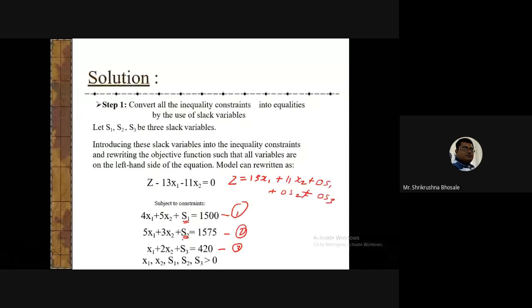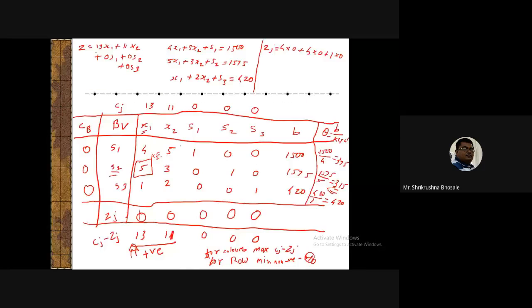Similarly, for the second equation we have added s2. For the third equation, s3 is added, and your non-negative equation is changed: x1, x2, s1, s2, s3 are all greater than or equal to 0. So once this is there, then we have to prepare this table. First is the basic variables. So what are the changed variables? The extra added variables, we are just considering those.